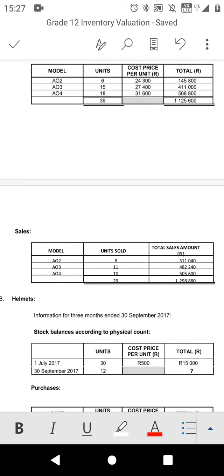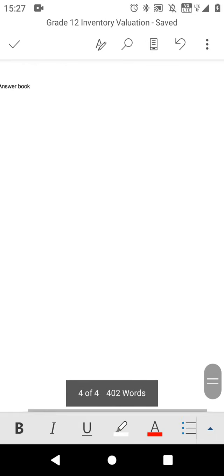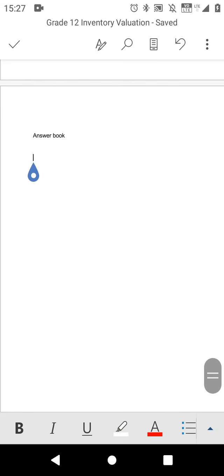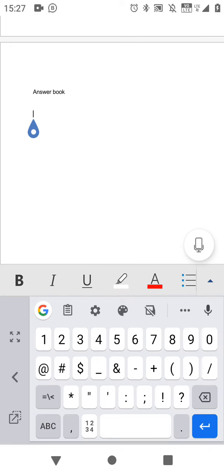Simple as that. The 10 that we're remaining with, we are going to multiply it by what? By our cost price of 24,300. Alright, let's go to calculation. Question 5.2.1.